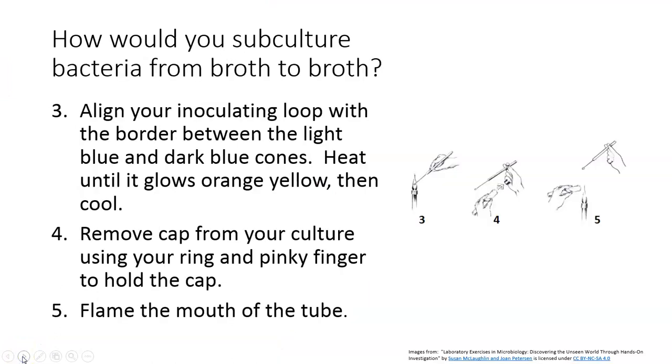Next, after you've flamed your loop, you're going to remove the cap from your culture tube. You'll do this by holding the cap of the tube in your same hand where you're holding the inoculating loop. This is actually the way that I hold the cap in this image versus what you saw in the Biorad picture.